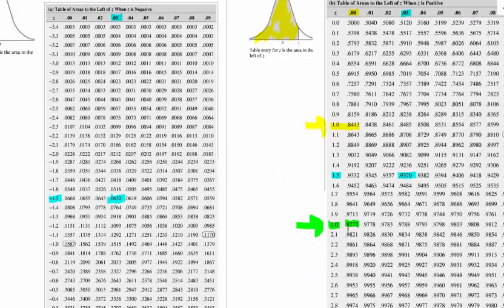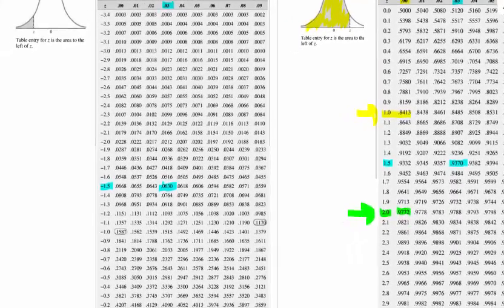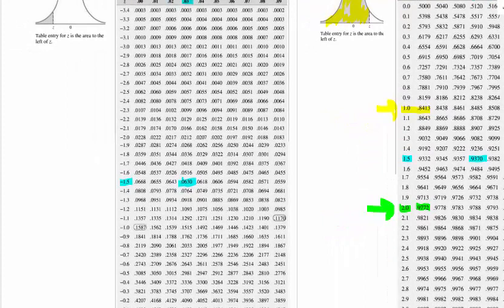Again, 2.0 right here was in the green, 0.9772. A negative 1.0 is going to be over here, the 0.1587.